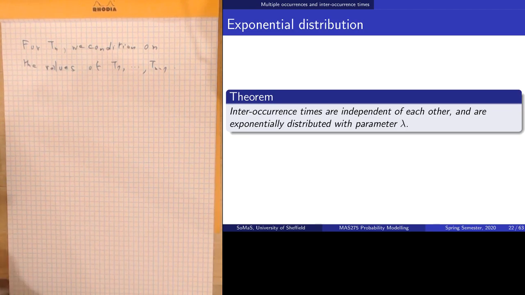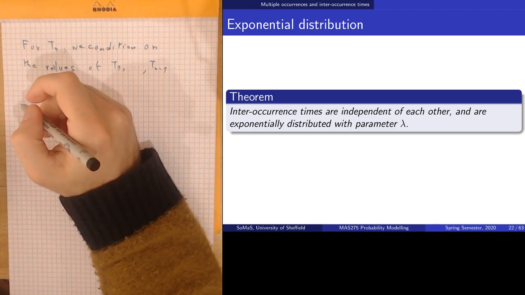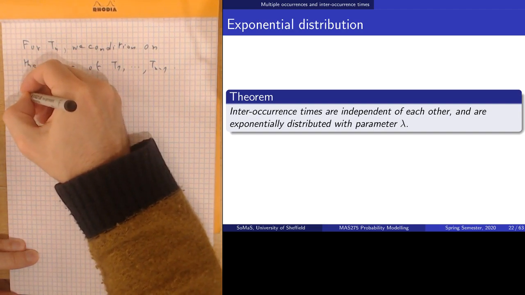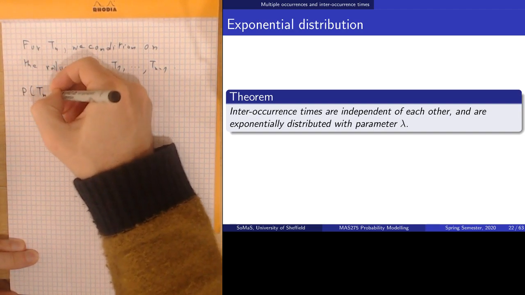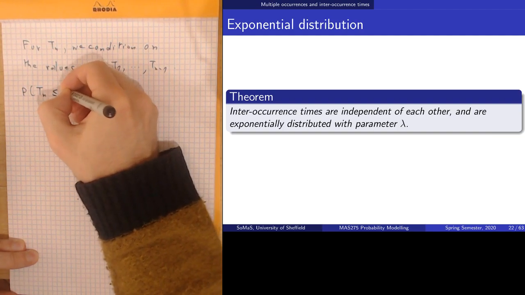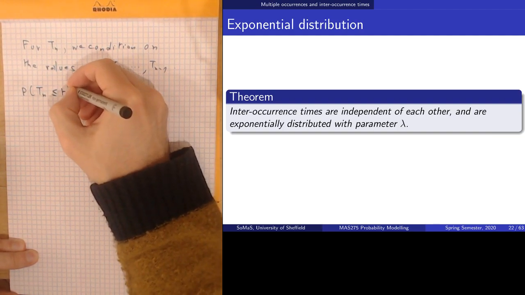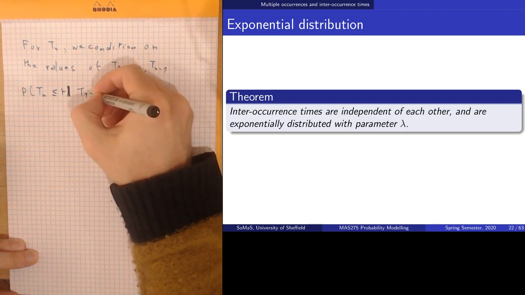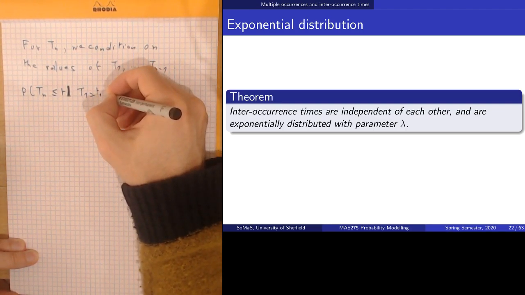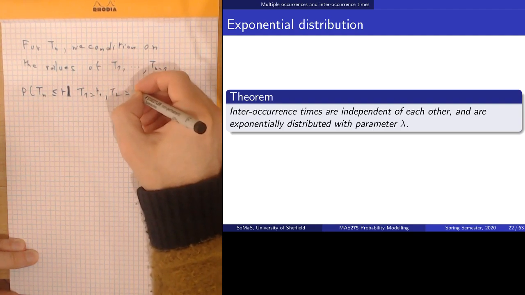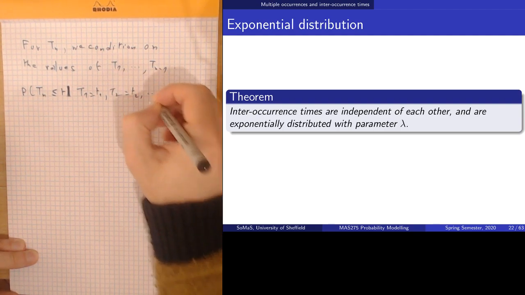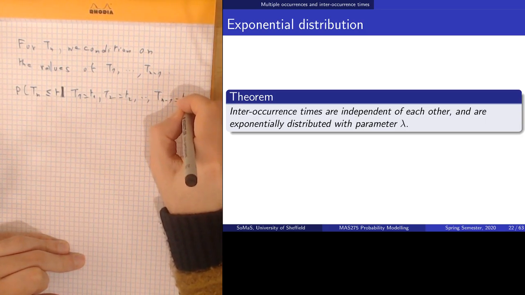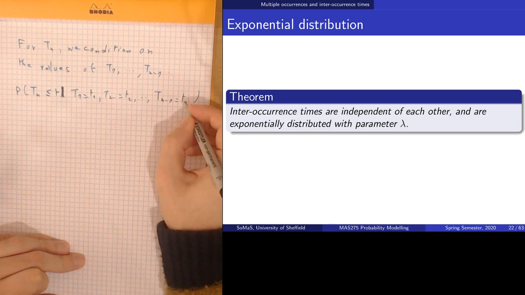And apart from that, we actually do the same thing. So what's the probability that Tn is smaller than a certain number t, conditionally on T1 equals a little t1, T2 equals a little t2, and so on, all the way until Tn minus 1 equal little tn minus 1.